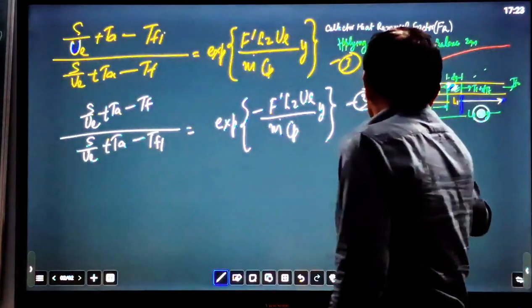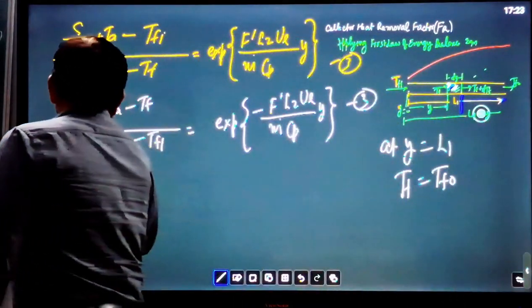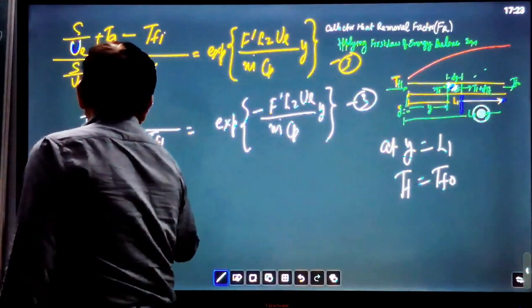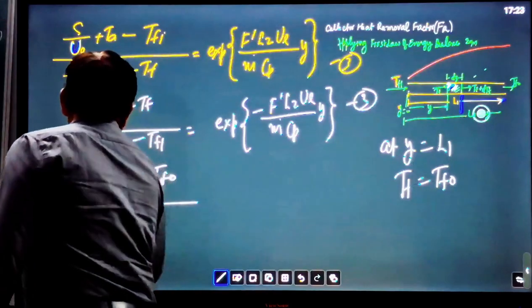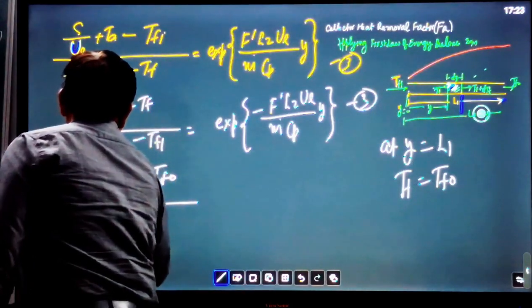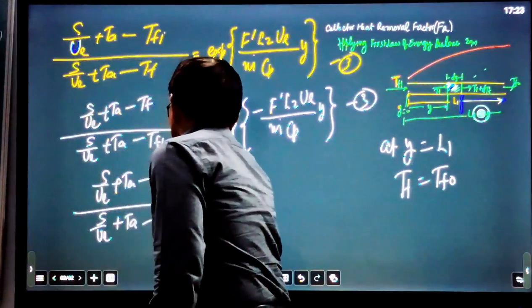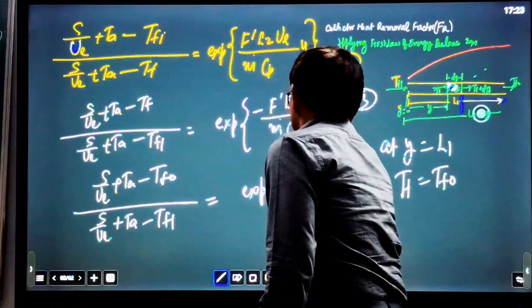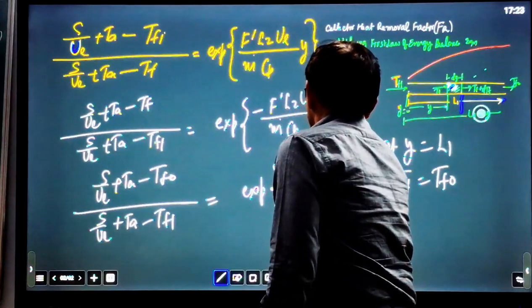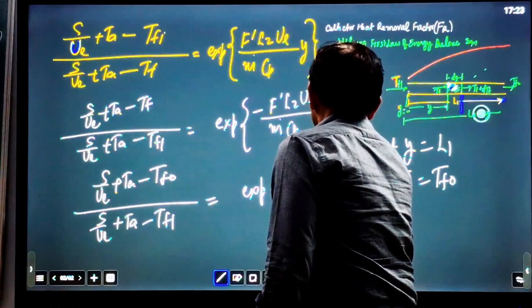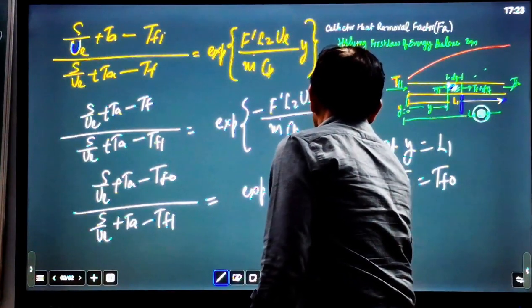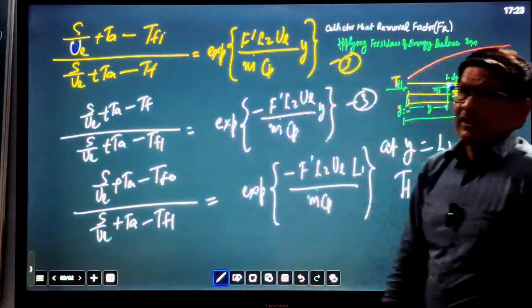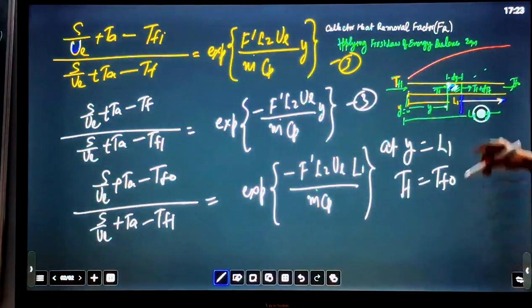So putting y equal to L1, this equation becomes (S/UL + TA − TFO)/(S/UL + TA − TFI) equal to exponential of minus F' L2 UL into L1/(m dot Cp).